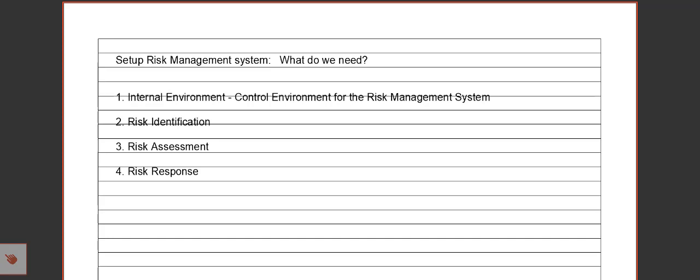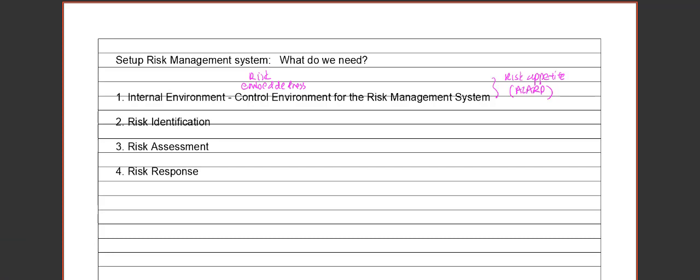So when we discuss control environment, we talk about how we embed risk, and then we discuss defining our risk appetite. Then we discuss the concept called ALAP.